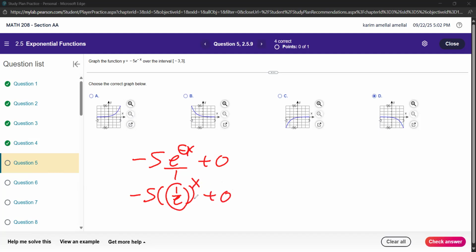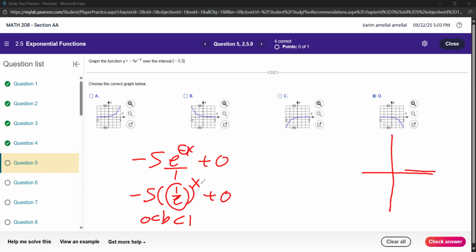So now 1 over e is equal to what? About 0.3. So that means b is less than 1 and greater than 0. So the asymptote will come from the right, from 0, which means from the x-axis.